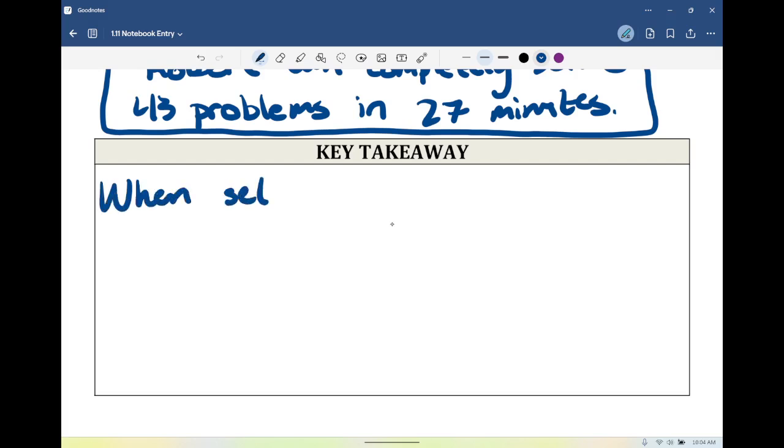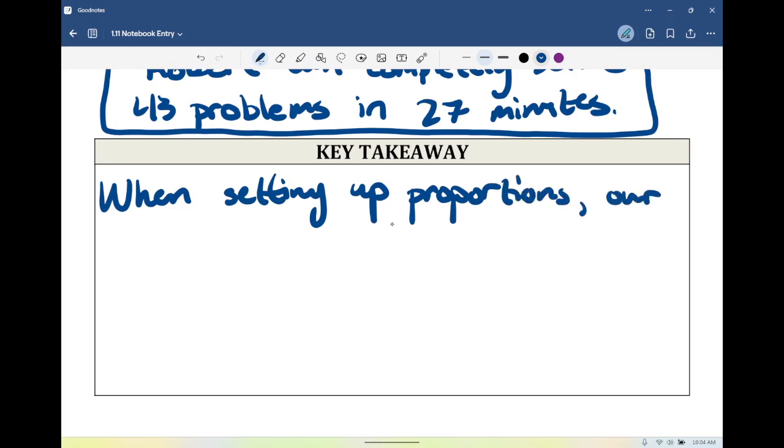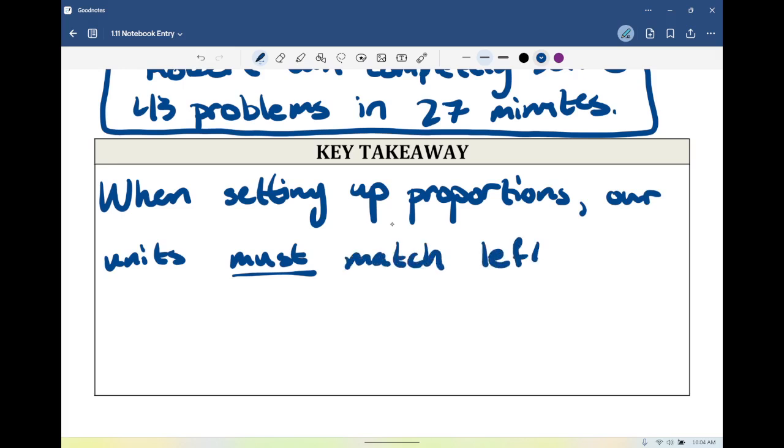When setting up proportions, our units must match left to right. And so specifically, numerator and numerator, same units.